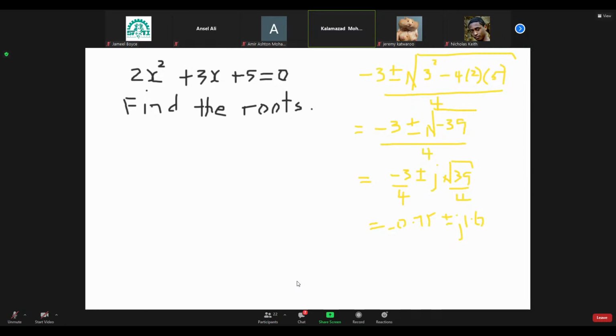Did I get 1.4 here? Okay, so that would be your answer there. Find your roots.